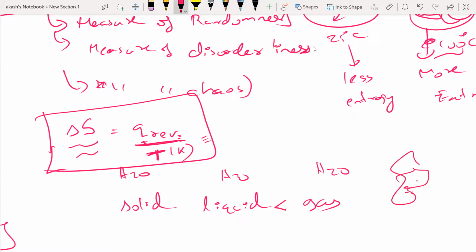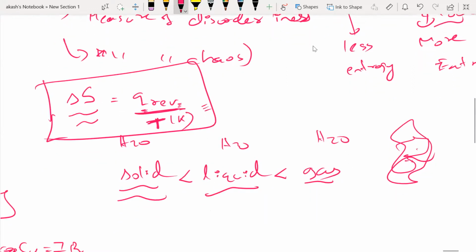They have maximum kinetic energy. In solids, it is almost zero, there is no movement at all. In liquids, there is little movement. So always remember, people, the more gaseous molecules you have, the more the entropy than the liquid, than the solid. Gases will always have maximum entropy, and solids will always have the minimum entropy.